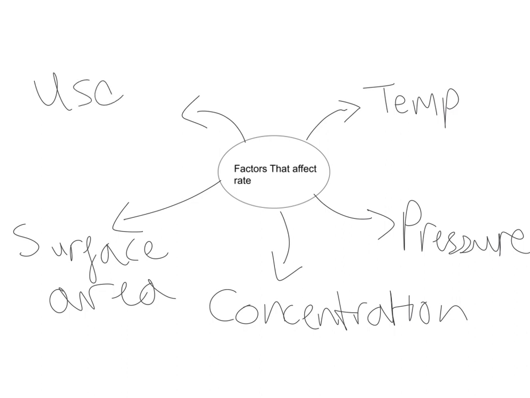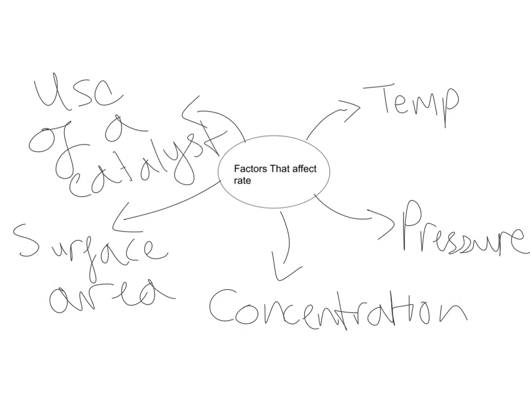Now we're going to talk a little bit about each of these as we go through the next few slides. But you need to know these five factors that affect the rate. Make sure to note these down, and I will ask you to try and remember them in a minute.